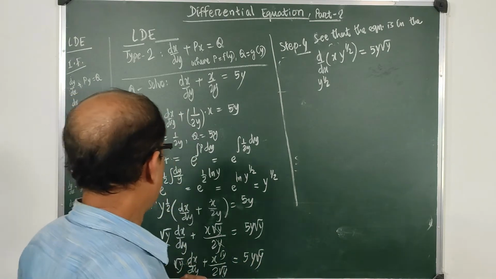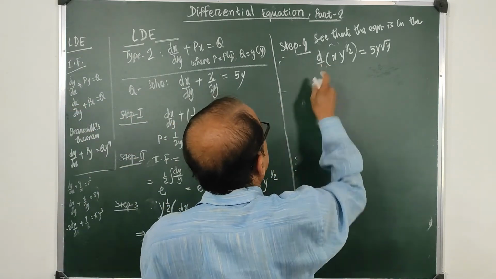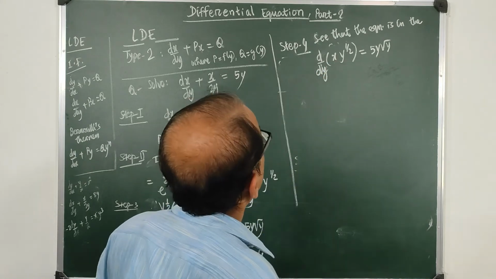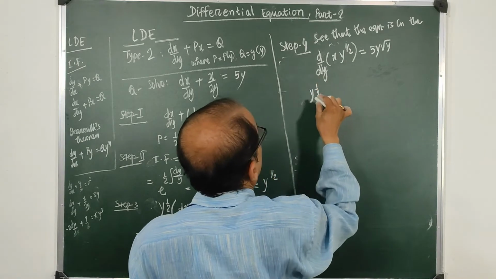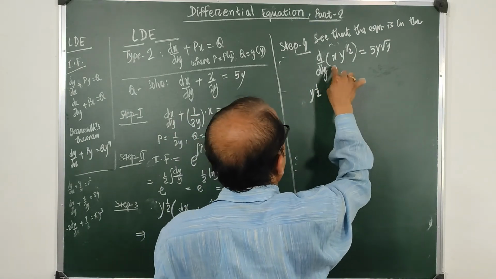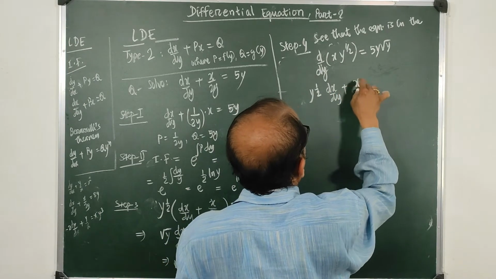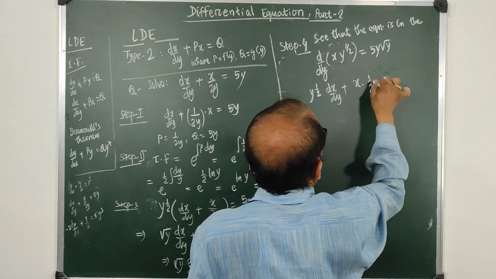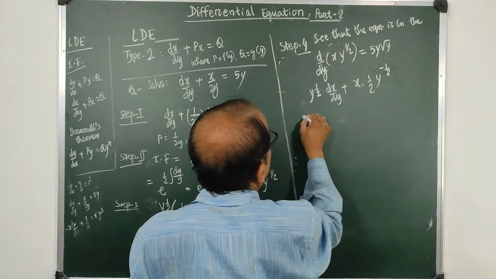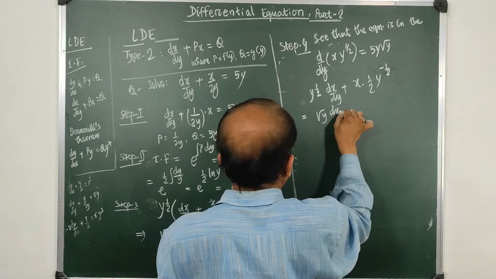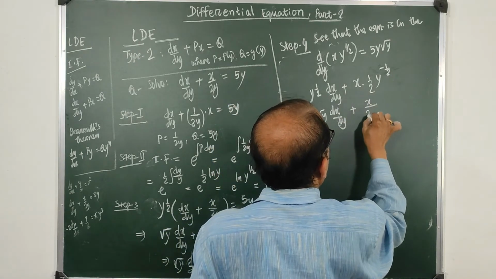And if we just differentiate d by dy, we keep y to the power half and differentiate x with y, so dx by dy, and keep x and differentiate y to the power half, so half y to the power half minus 1, which will be root y dx by dy plus x by 2 root y.